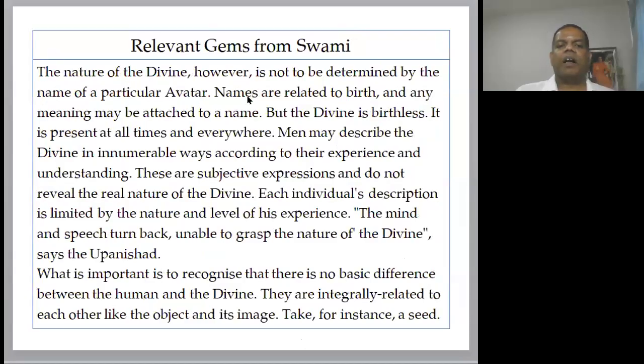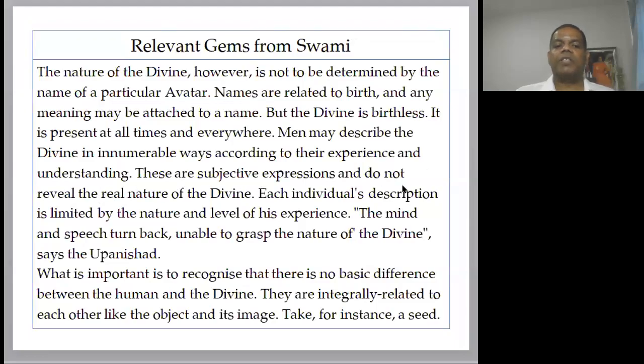The nature of the divine, however, is not to be determined by the name of a particular avatar. Names are related to birth, and any meaning may be attached to a name. But the divine is birthless. It is present at all times and everywhere. Men may describe the divine in innumerable ways according to their experience and understanding.